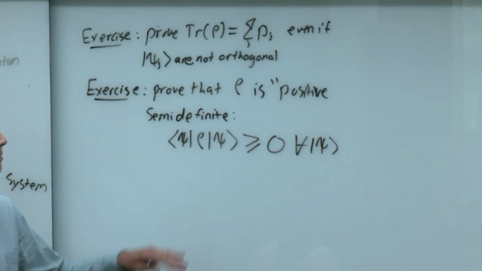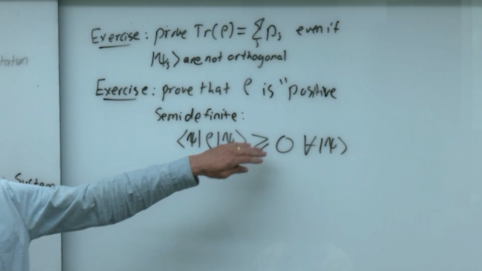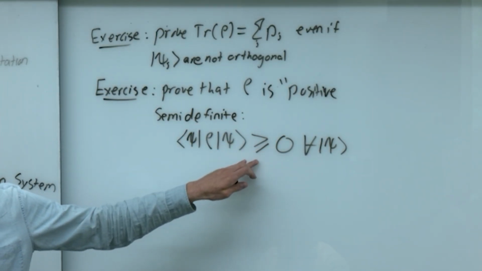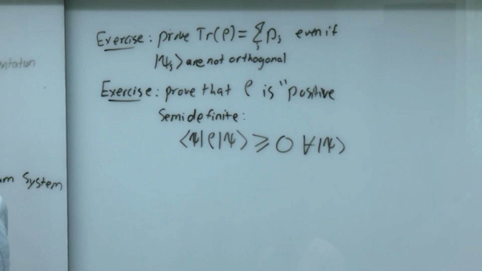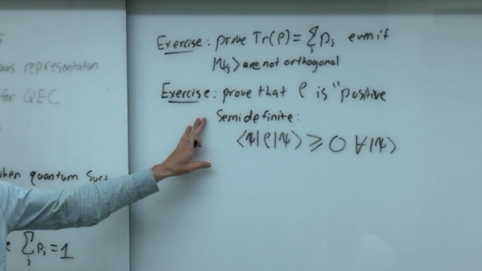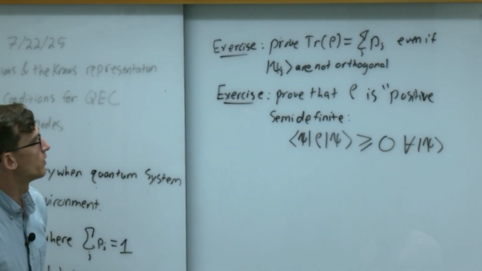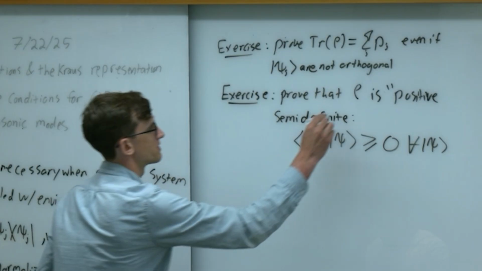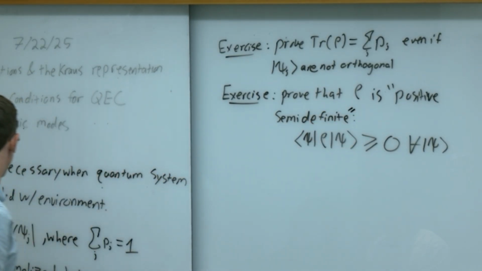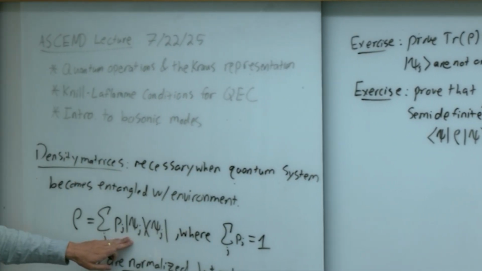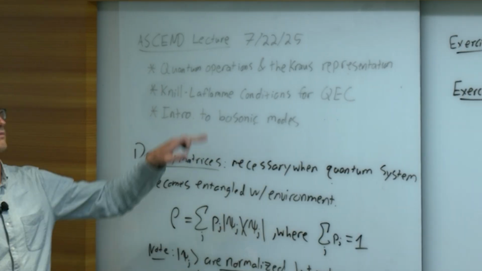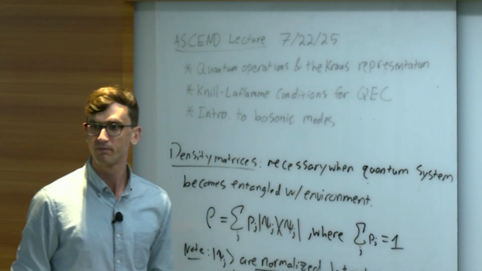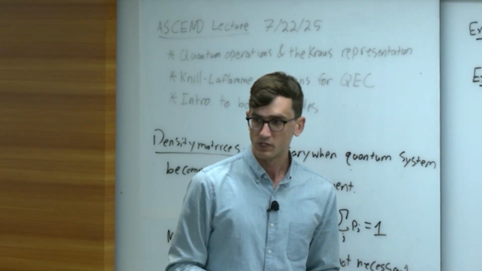So positive means greater than 0. Semi means it can be equal to 0. So these are nice things to try and prove. And the way that you would go about proving these is to expand each of these states in an orthonormal basis. And then you can show both of these things. Cool. Any questions on that?